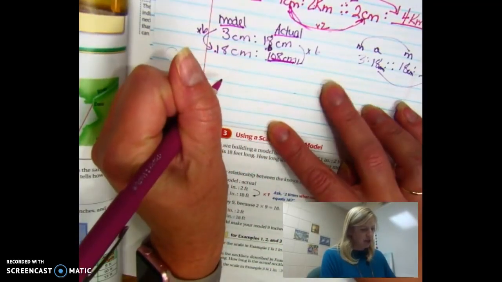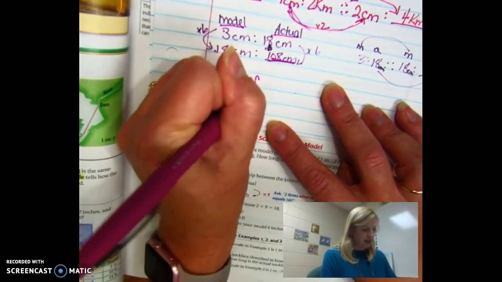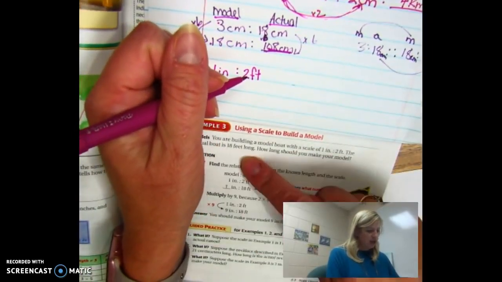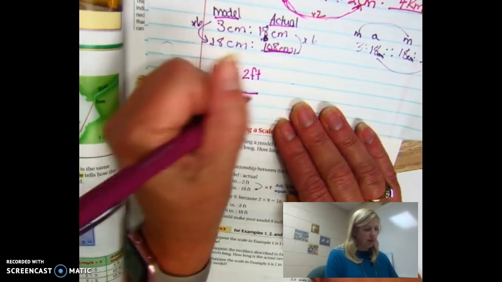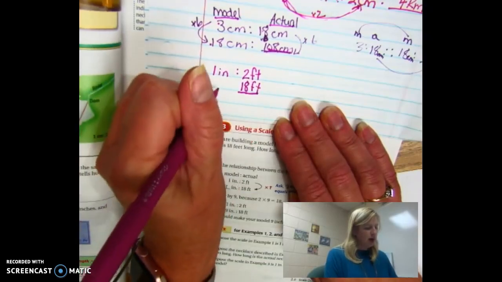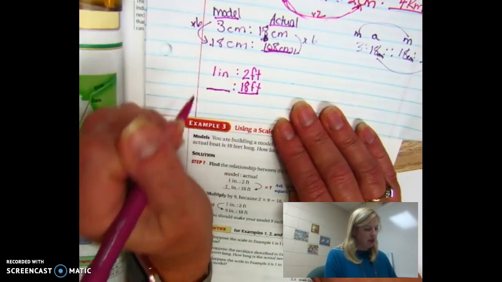So we're going to do 1 inch is to 2 feet. That says it right there. And the actual boat is 18 feet long. So the one that we looked for up here, we know that that's 18 feet. So our new scale model, the actual model, is what we don't know.